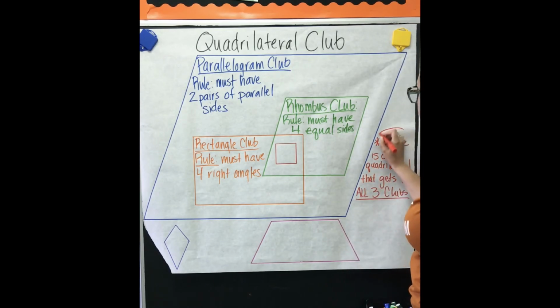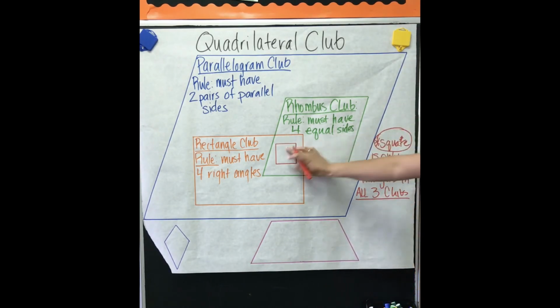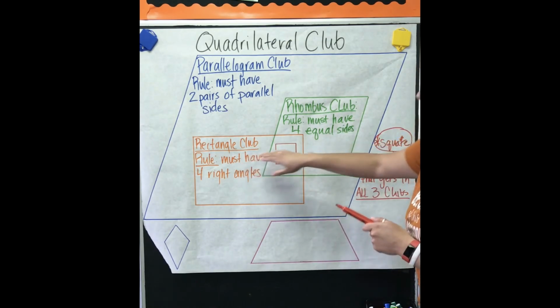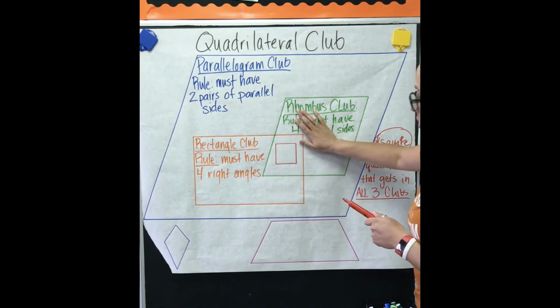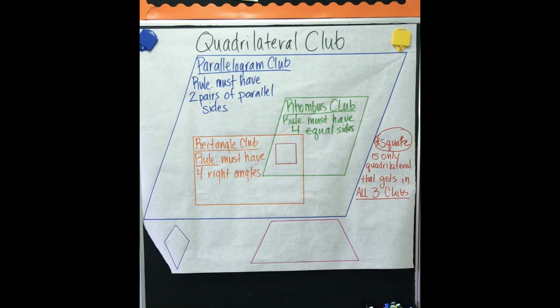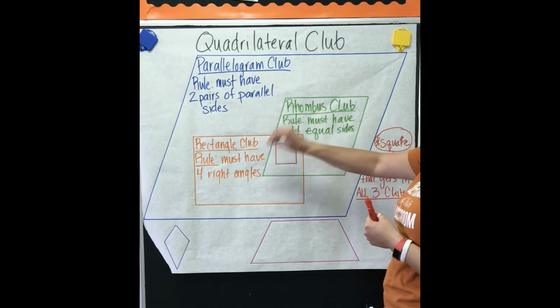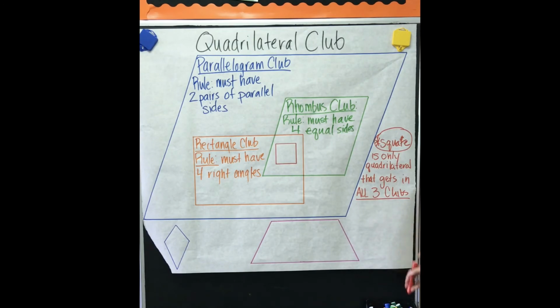A square is the only quadrilateral that is a rectangle, a square is a rhombus, and a square is also a parallelogram. Okay, so a square is the only quadrilateral that is a parallelogram, a rhombus, and a rectangle.